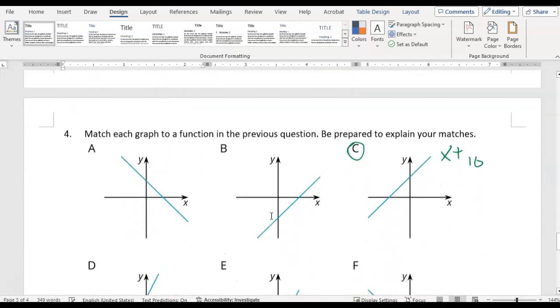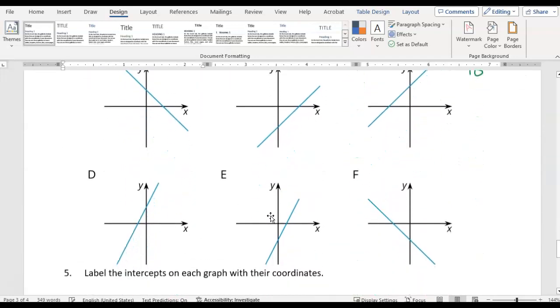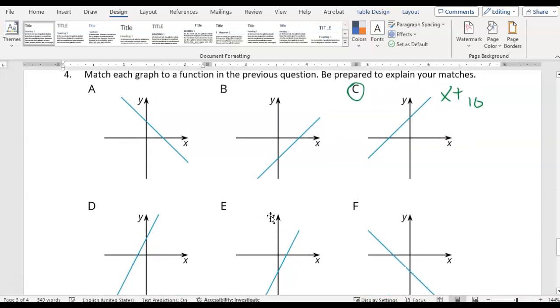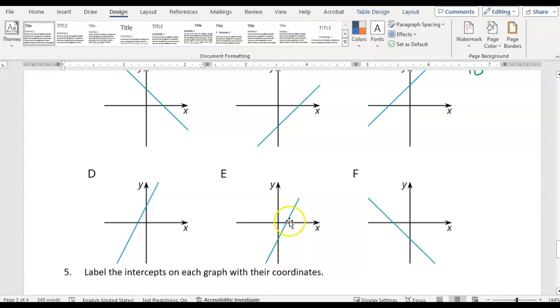x minus 10, still a positive slope, but this time it's going to cut underneath the x-axis, so it should be below.